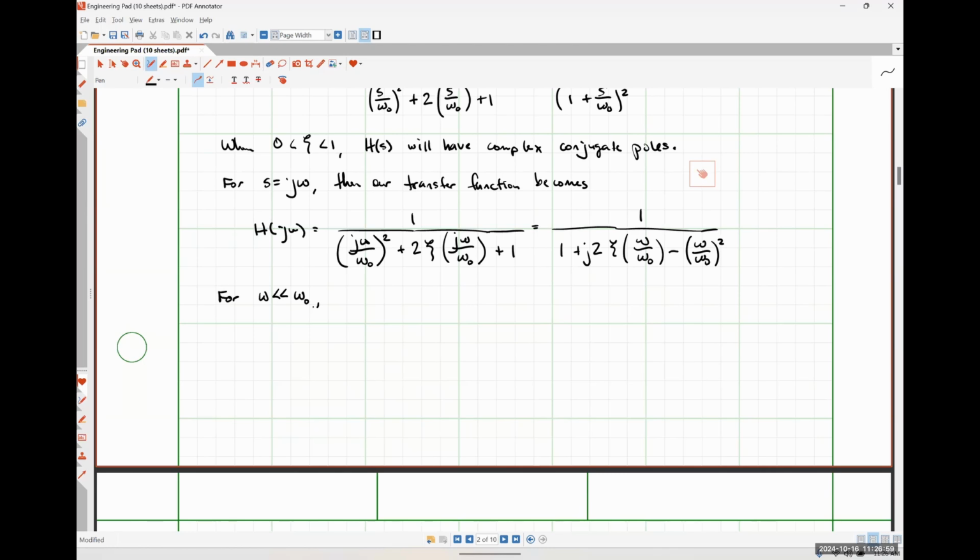So when we're well below our resonant frequency, we could say that H of j omega will be approximately equal to 1. And thus, 20 log of the magnitude of H of j omega will be approximately 0 dB. Are we okay with that?